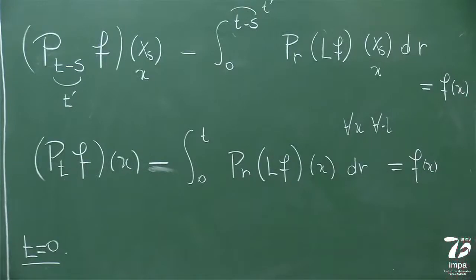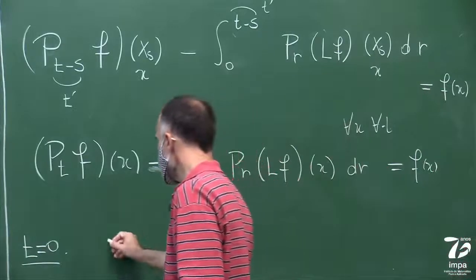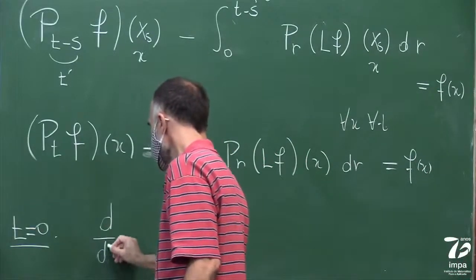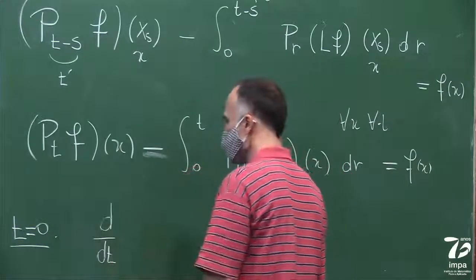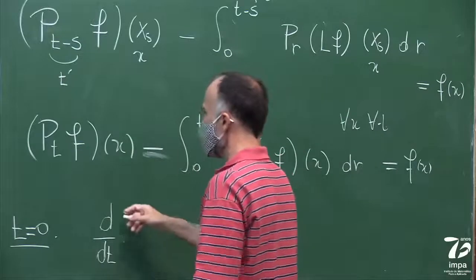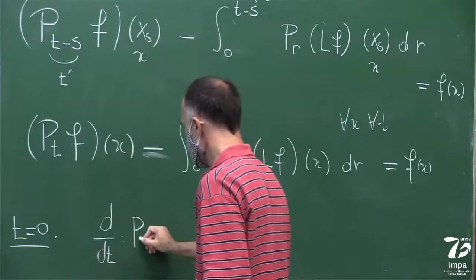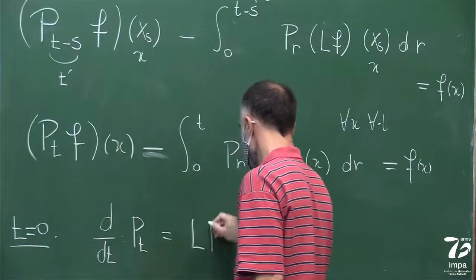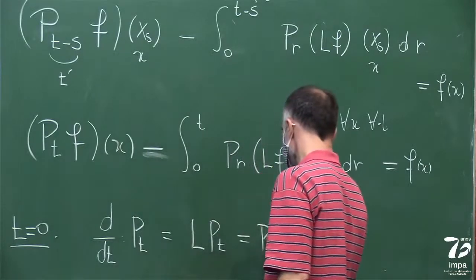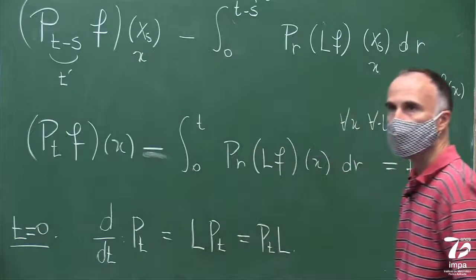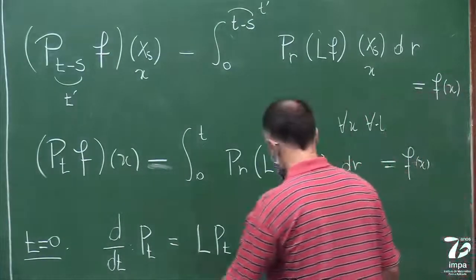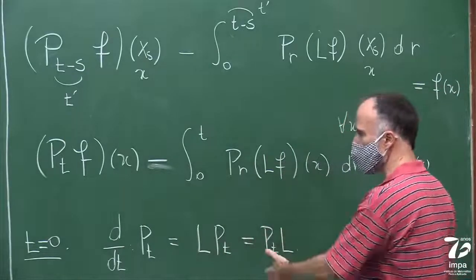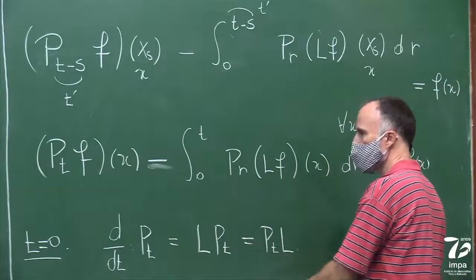So this identity holds at time 0, and if now I take the derivative in t of this expression, remember, d/dt of P_t, we proved that it's both L P_t and also P_t L. This is what we call the Chapman-Kolmogorov equations that we proved.